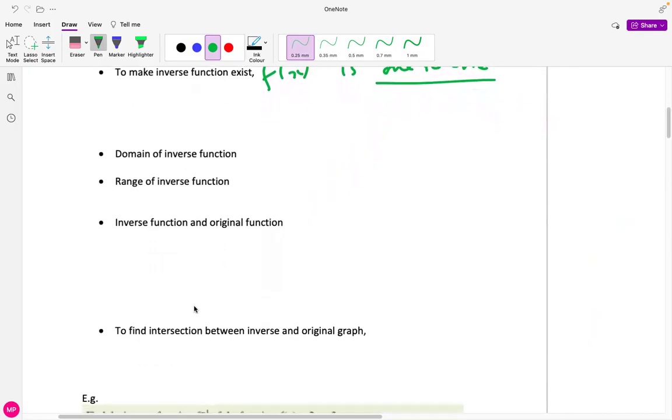Now, the domain of the inverse: the domain is the x value, and as you know, for the inverse, x and y swap, so the domain of the inverse is the range of the original, and the range is the y value. And oppositely, the range of the inverse is the domain of the original. Okay.